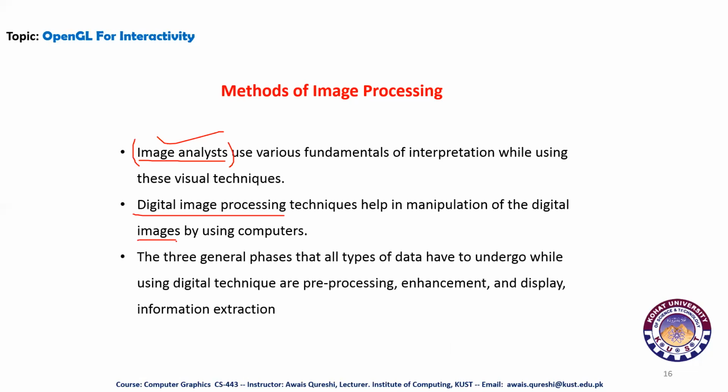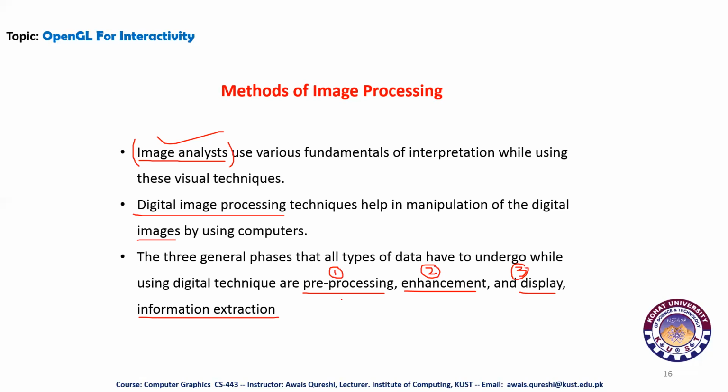The three general phases that all types of data have to undergo while using digital techniques are pre-processing, enhancement and display, and information extraction. So this is step number one, this is step number two, and this is step number three.